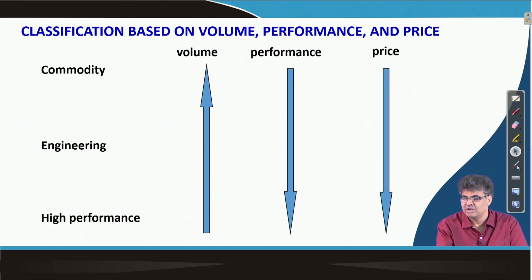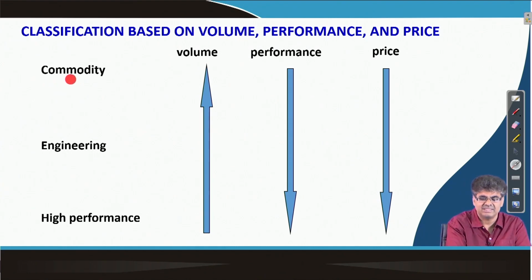So, we call those materials commodity plastics. On the other side, there are plastics used for very high-end applications, like medical or space applications, where the volume is less and the price is high. And then there are plastics for engineering applications, like in cars and structural applications, where the volume is intermediate.